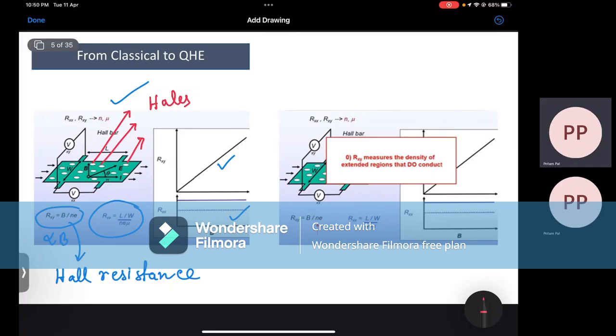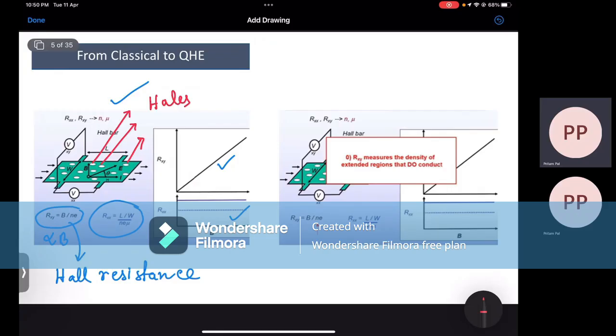When I cut holes in the samples, an interesting thing happens. These are regions that do not conduct at all, right? Of course, this is completely empty.